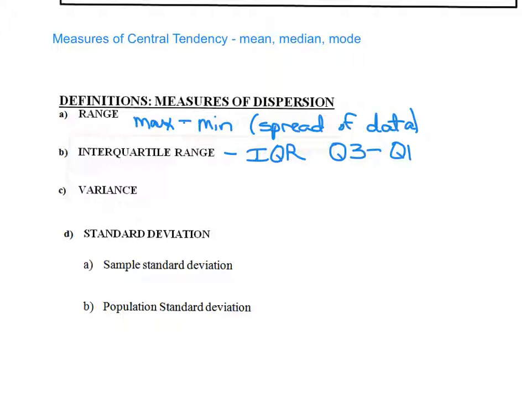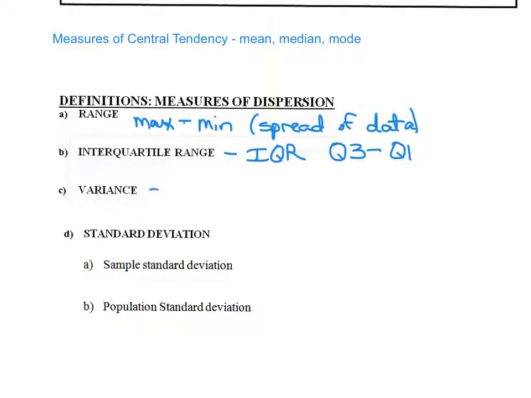Quartiles are when we divide the data into 4 groups, where each group represents 25% of the data. So Q1 represents the 25th percentile, Q3 represents the 75th percentile. So the interquartile range is how far apart the Q1 and the Q3 are from each other. In a few minutes, we'll take a look at doing the quartiles by using our graphing calculator.